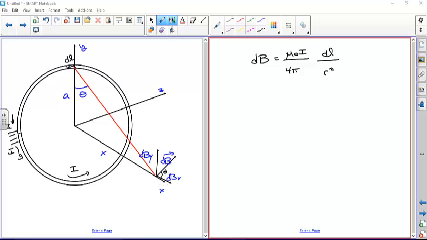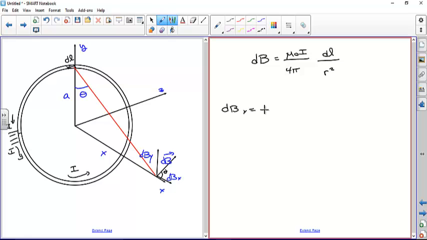So what we're going to do is integrate to get this dB sub x. So let's look at what the different components are, like we did for the magnetic field around a wire.